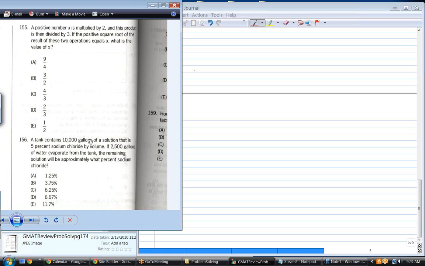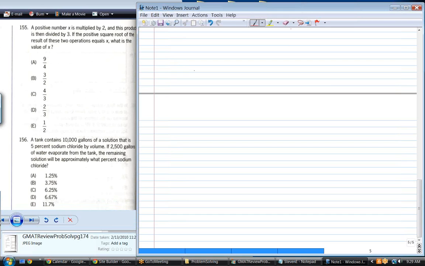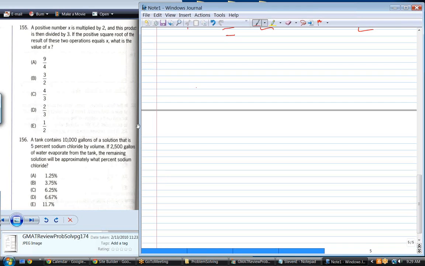Okay, number 155. Two ways to do this. So I wrote it out algebraically.